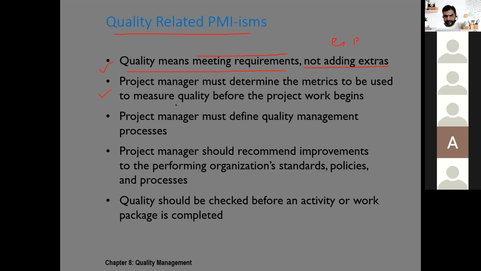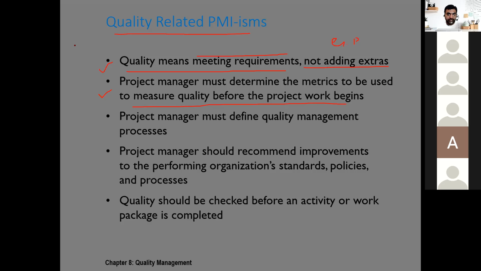Project manager must determine the metrics to be used to measure quality before the project work begins. So normally what happens is quality management related policies, procedures and templates are always available at the organizational level with the project management offices, but it's a responsibility of the project manager to tailor those processes and procedures as per the need of his or her project.